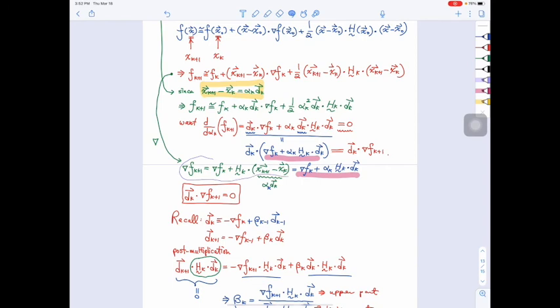Can anyone tell me how you get alpha? Two words. Actually, there are many solutions, but can anyone tell me how I get alpha? This guy. Say again? Can you speak louder?